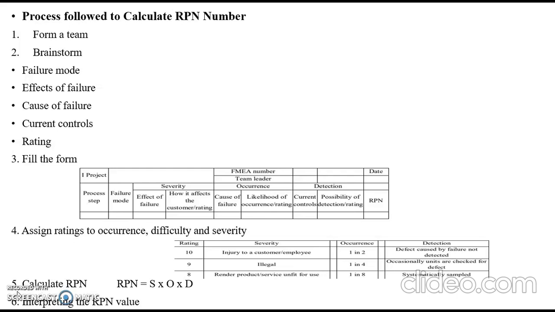The first step is to form a team. During the improve phase of the Six Sigma process, a few members from the project team are designated to form a team to undertake the process FMEA. The team might consider taking additional process specialists from the organization during the brainstorm session.